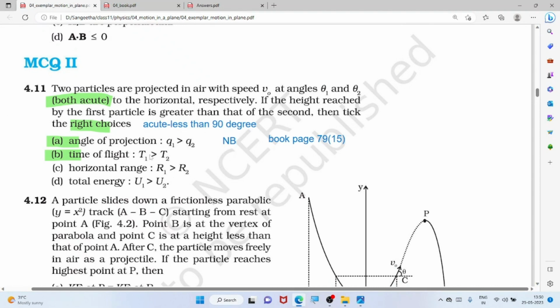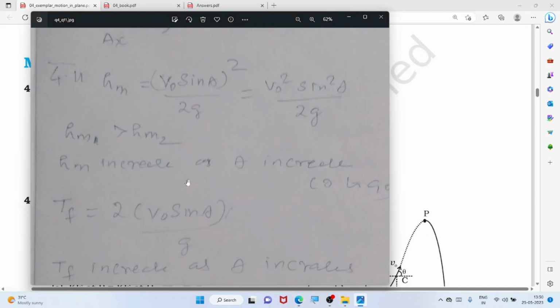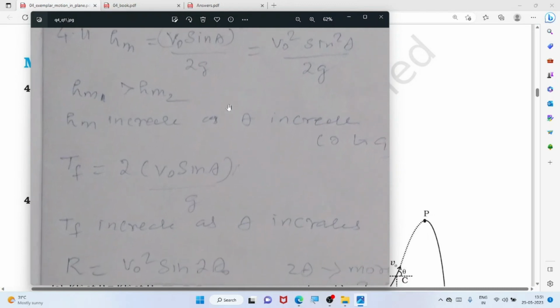And in terms of time of flight also the same thing. Time of flight here also you see sine theta. So theta the acute angle 0 to 90, theta increases, this will increase.